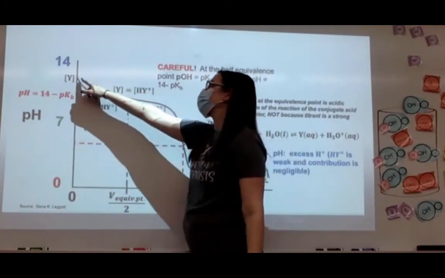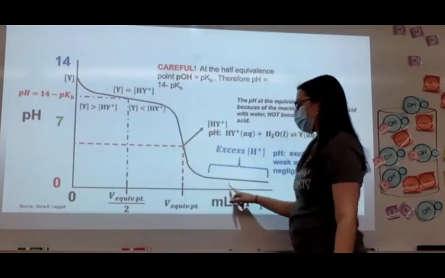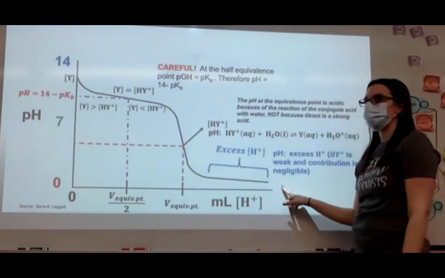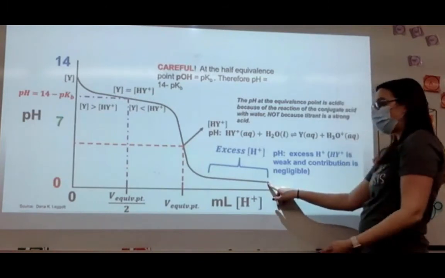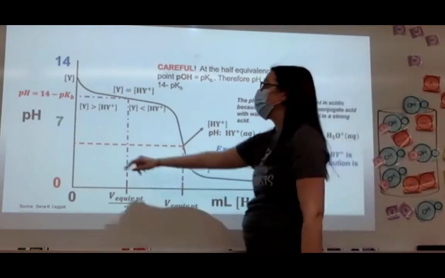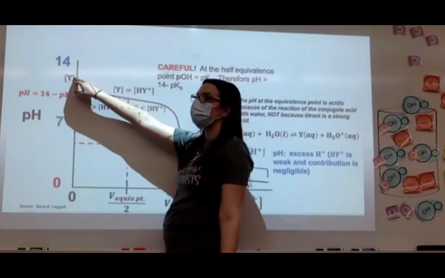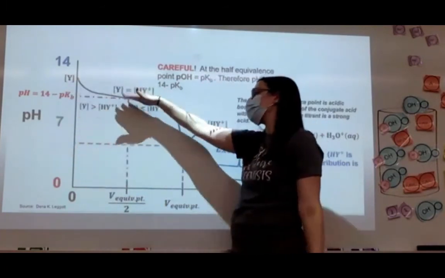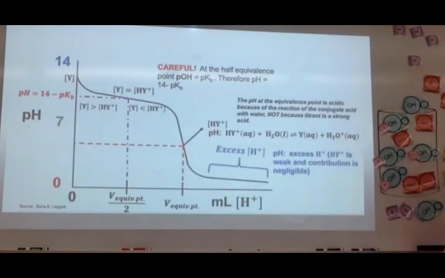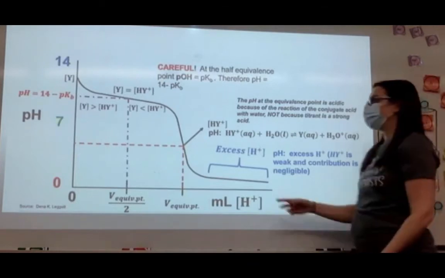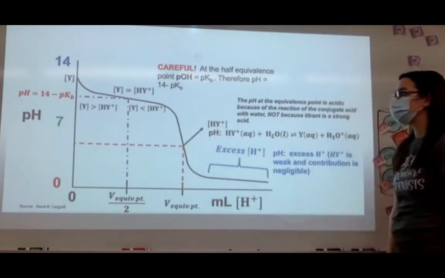So this is actually showing a weak base, strong acid titration. The pH is ending at about 1, strong acid, starting at about 12. I know it's a weak base because of this extra curve. Notice that the equivalence point is below 7. So the pH at the equivalence point is acidic because of that conjugate acid.